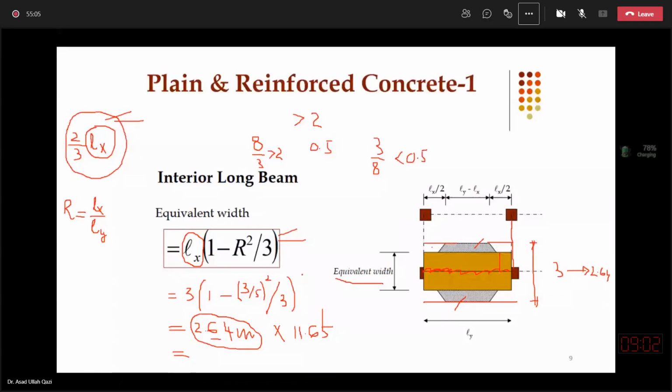So these first 9 slides are actually to derive these equivalent widths to determine the load transferred on the short or long span, interior or exterior beams.